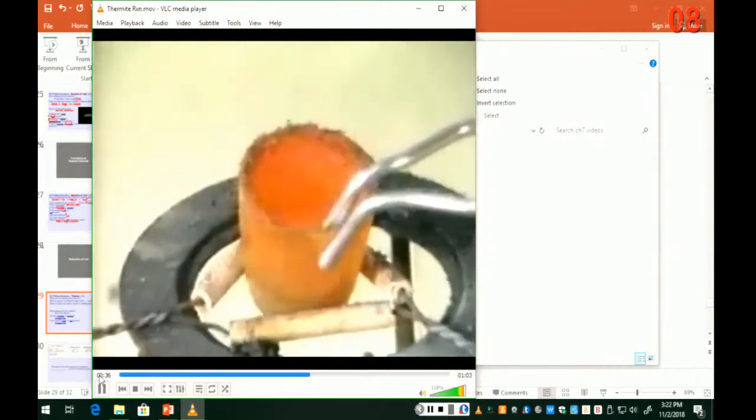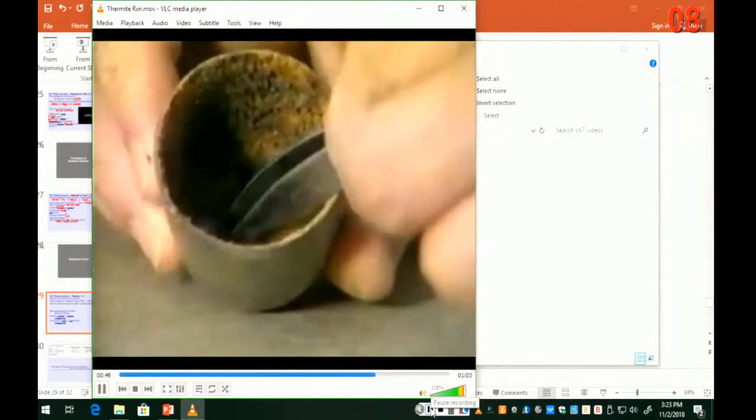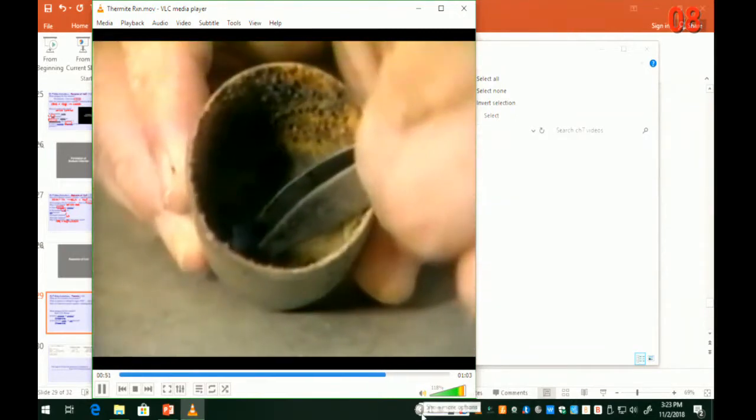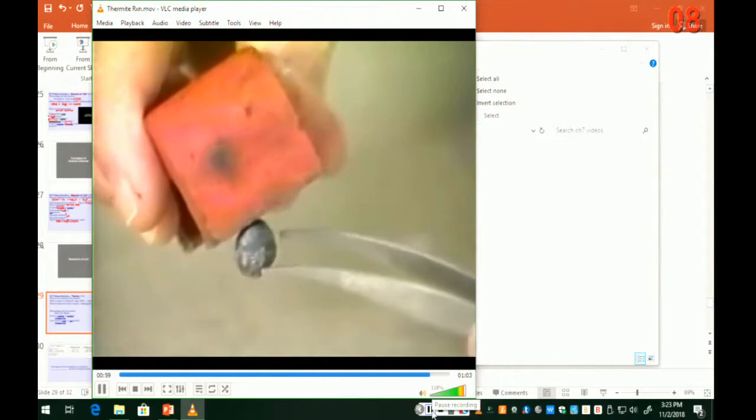The aluminum has reduced the iron oxide to iron. When we look into the crucible, we see a ball of white-hot iron glowing at the bottom. When the crucible is cooled, we can remove the iron produced by the reduction of iron oxide and show that it is indeed iron by picking it up with a magnet.